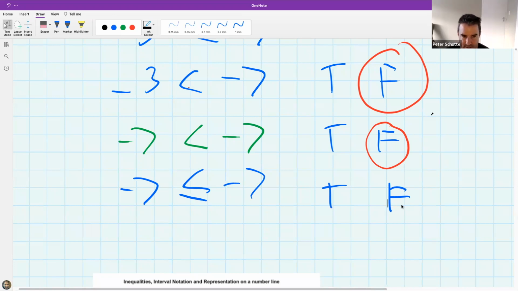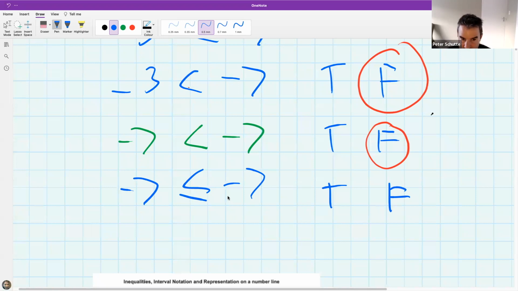What about this? Is -7 less than or equal to -7? True or false? Things are getting a little bit more interesting here. So we have to be careful here. What this means is that it can be either of the two.